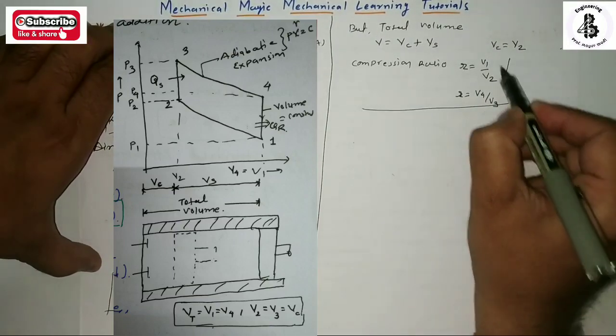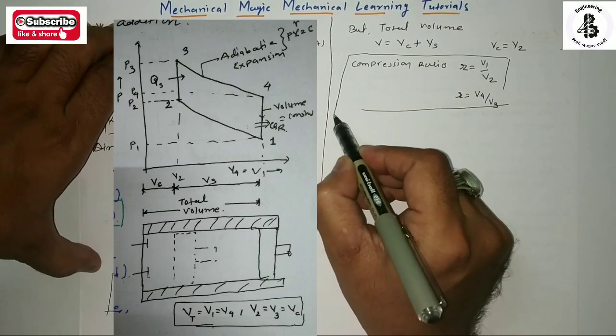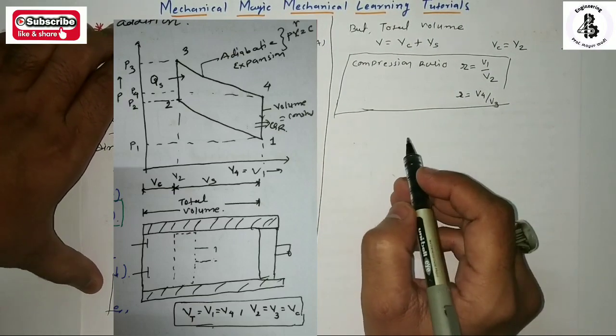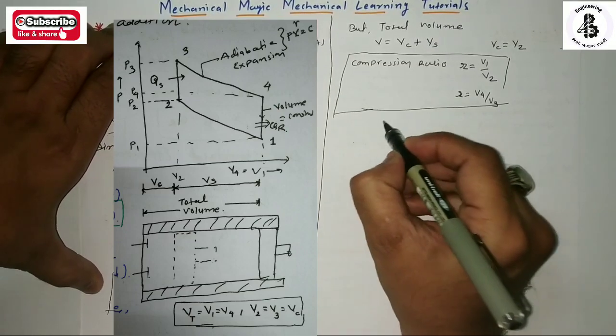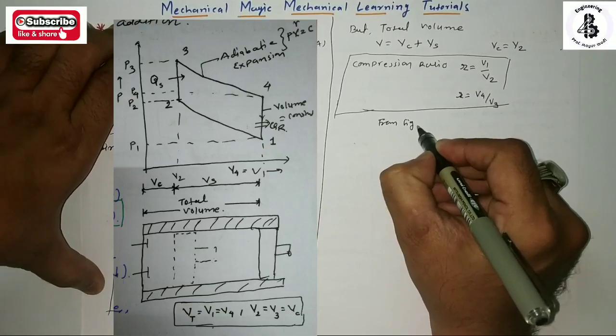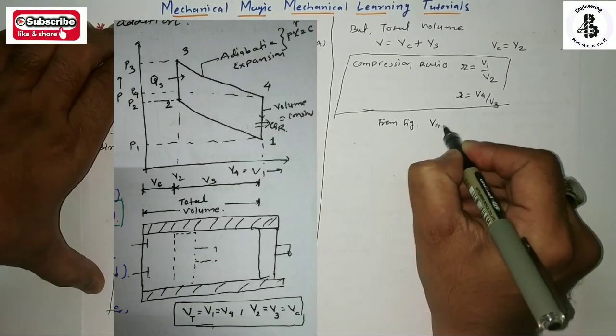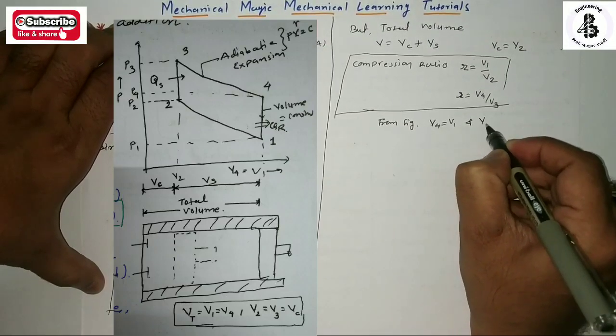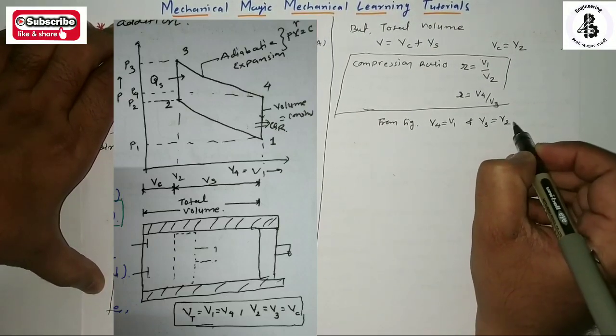Those are the two compression ratios in the case of the Otto cycle. From the figure, V4 equals V1 and V3 equals V2.